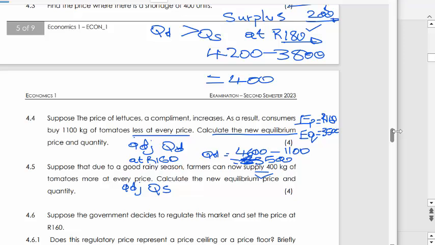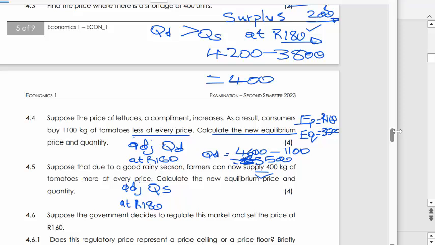Let's look at 180. Remember, you can use any number, so don't stress about why I used 160 here and 180 there. I'm just trying to make this as holistic as possible. So right now, at 180, the quantity supplied is what?